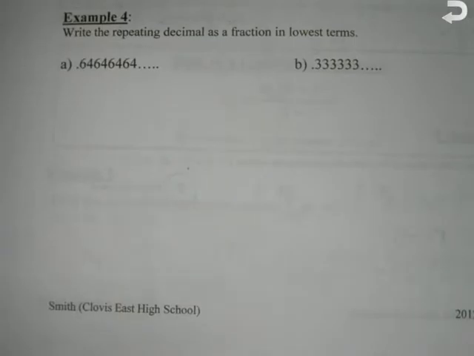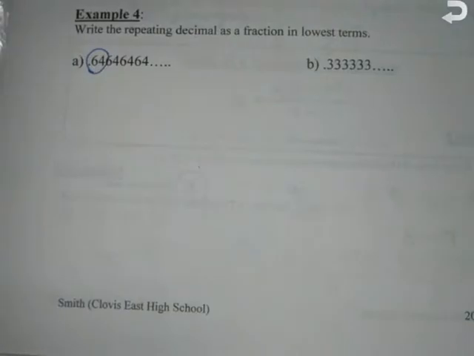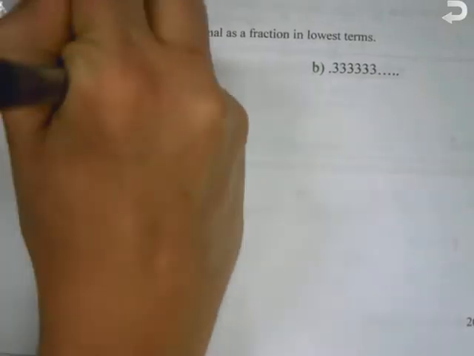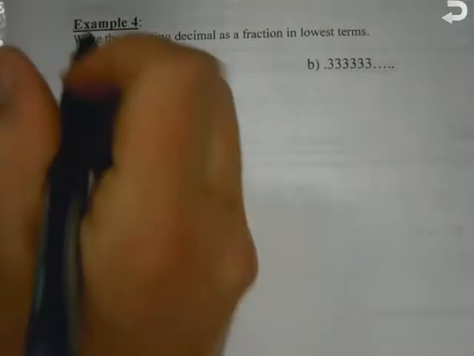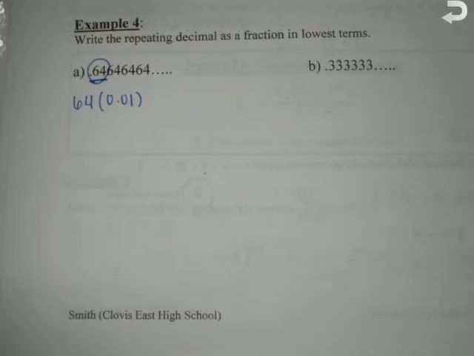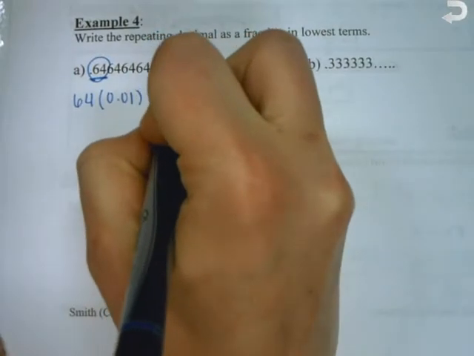So if I took the number 64 and multiplied it by 0.01, that would give me 0.64, this part right here, correct? What if I took 64 and then multiplied it by 0.01 to the second power?